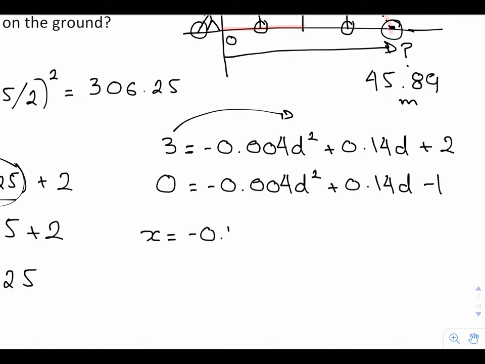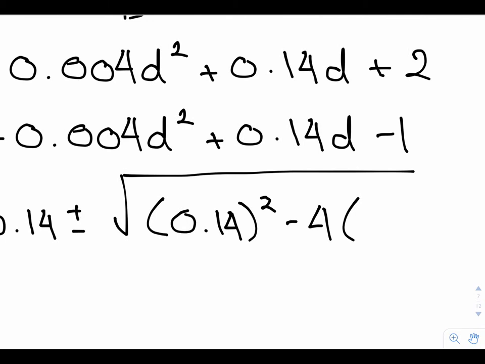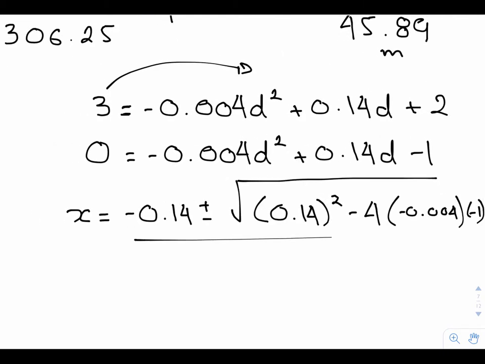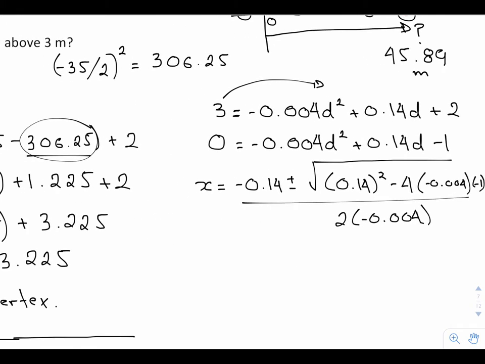Negative 0.14 plus or minus the square root of 0.14 squared minus 4 times a value of negative 0.004 times negative 1, running out of space, all over 2 times negative 0.004. Again, I'm going to leave all the work for you to do, but what you get in the end is 10 and 25 meters.